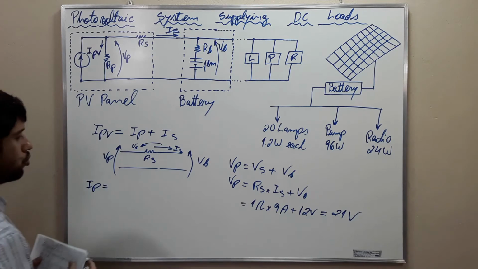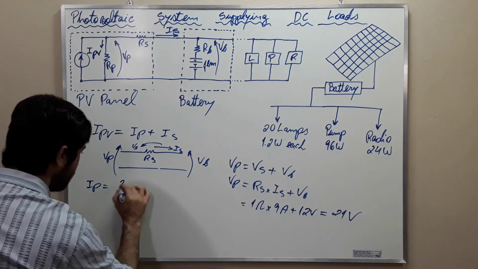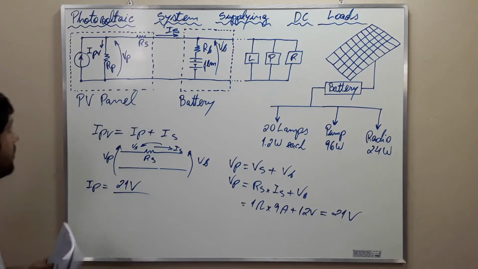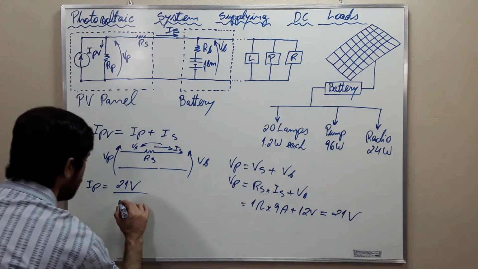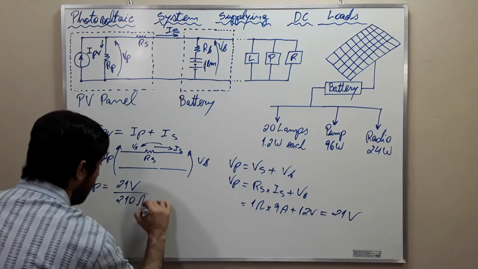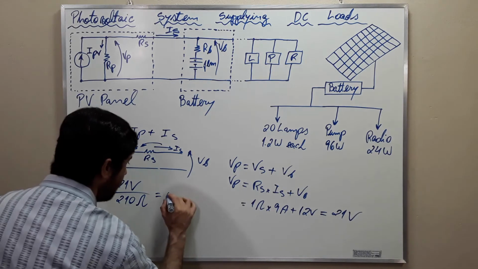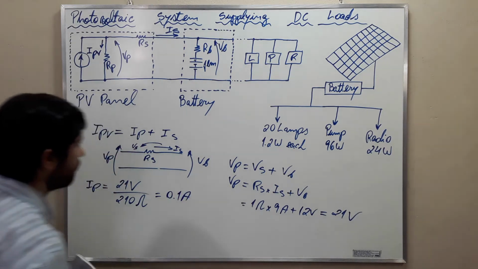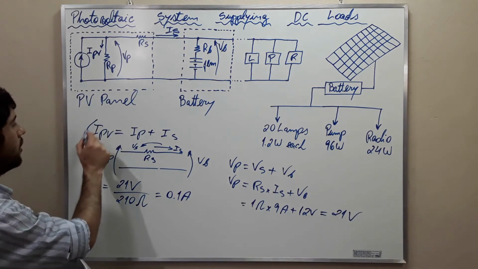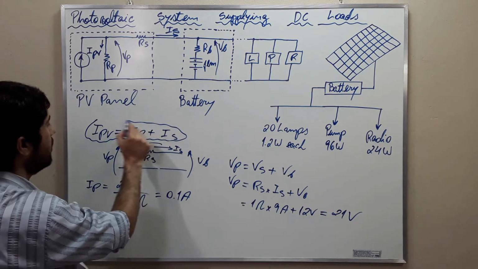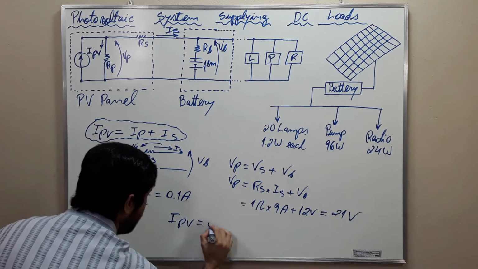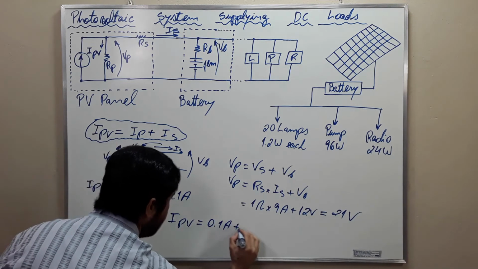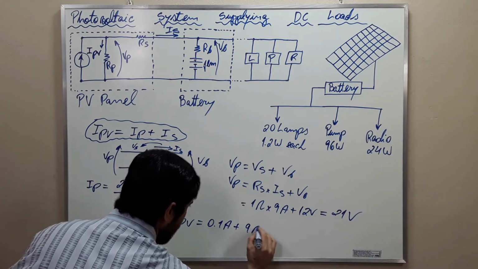Then IP will be equal to 21 volts divided by this resistance here, RP, which is 210 ohms. And then this value is 0.1 amperes. And now, using this expression here, we get that IPV is equal to 0.1 amperes plus 9 amperes.